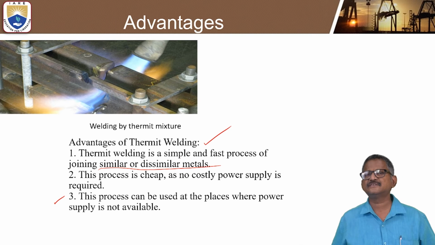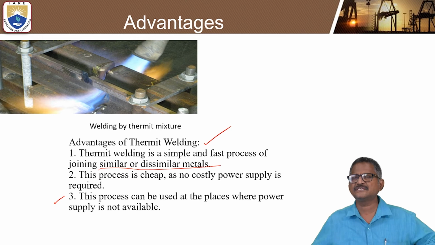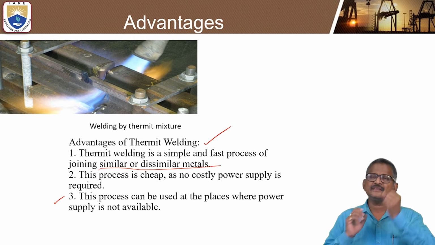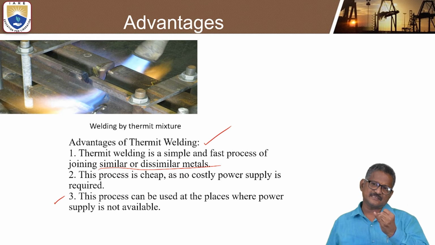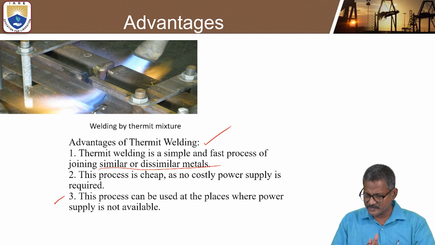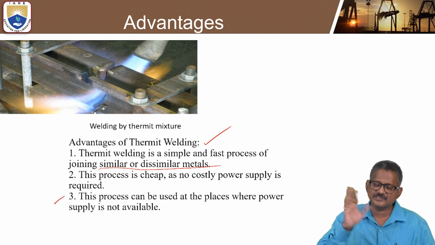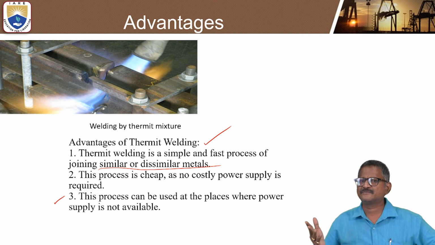Now let us see another interesting welding by thermite mixture. The main advantage of thermite welding is that it is a very simple process, and it can join similar or dissimilar metals, it doesn't matter.